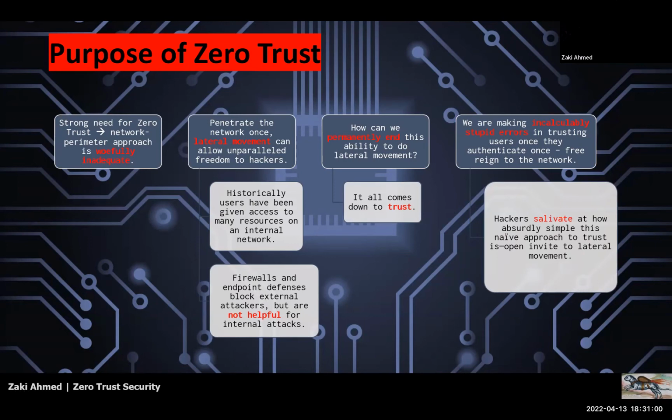Today's enterprise infrastructure has grown very complex due to several internal networks and multiple entry points. Because of that, perimeter-based network security has become insufficient, and once the attacker breaches the perimeter, further lateral movement is unhindered. So this led to the development of zero trust.